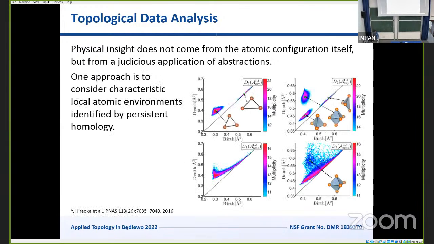One way that people have approached this is a paper by Yasu back in 2016, in PNAS, one of the leading journals in physical sciences. What he did is not very sophisticated from the standpoint of topological data analysis. He took that point cloud that I showed you, and he looked at the persistence.